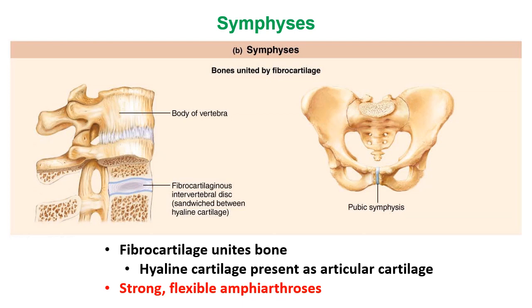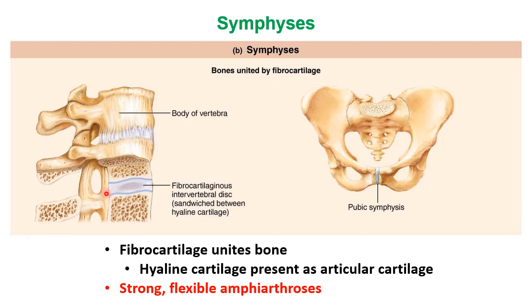And then you have the symphysis. The symphysis is made up of tougher cartilage, the fibrocartilage. Really tough cartilage, stronger than the hyaline cartilage. You're going to find it at the intervertebral discs, and that's for cushion.